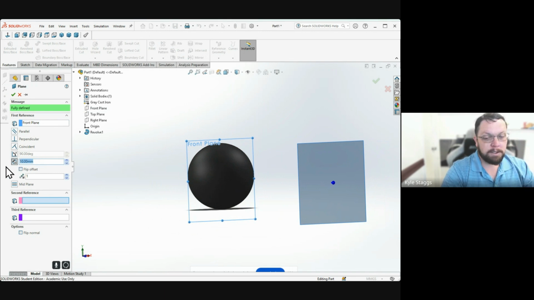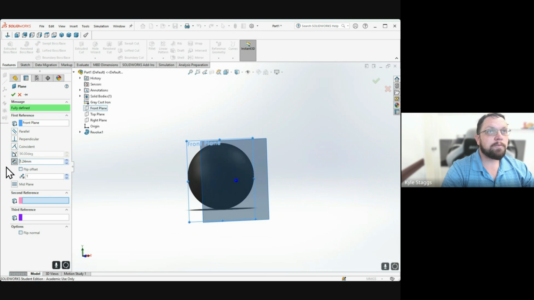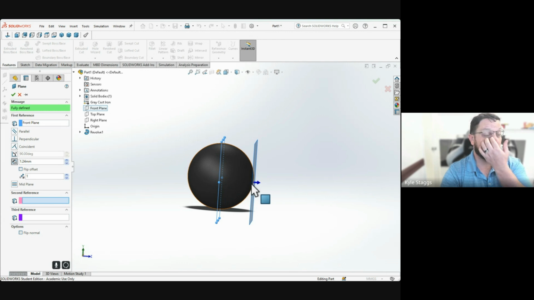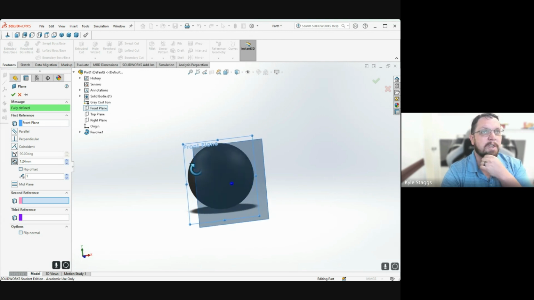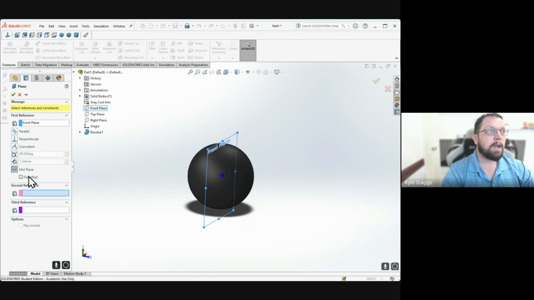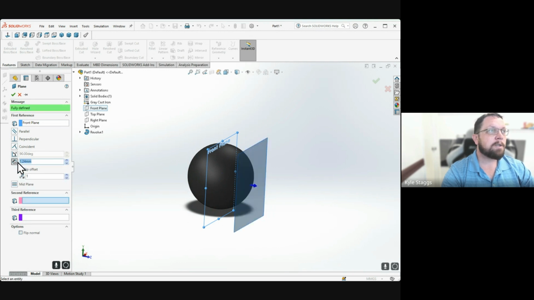Separation distance needs to be 2.48 over 2 so that our reference plane is just going to be intersecting this. This will make sense here in a second. So we need one of those, only we actually need 2 of them.